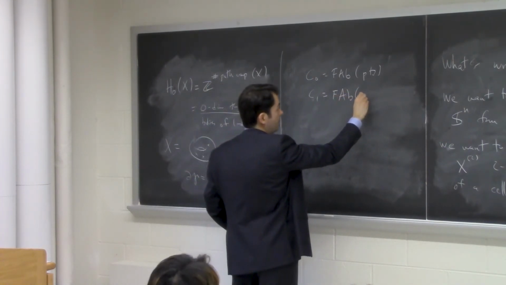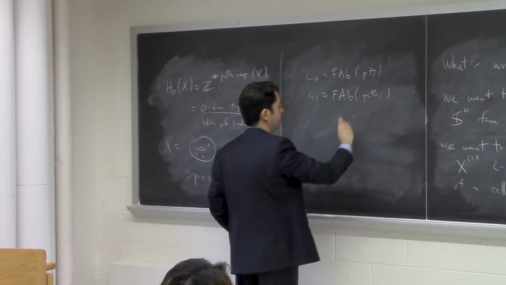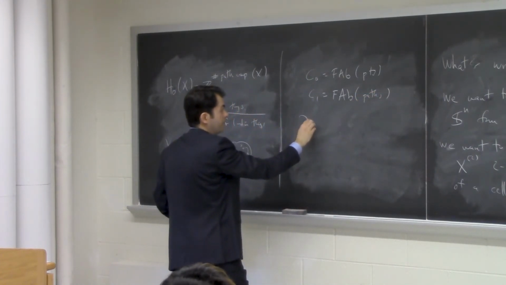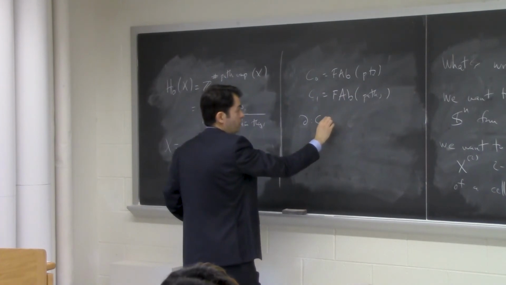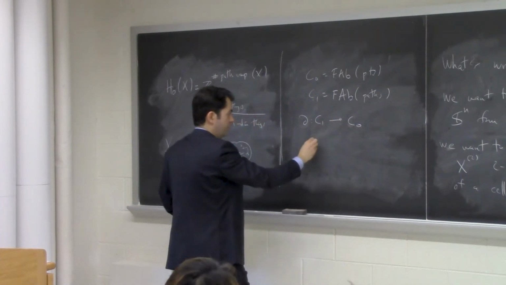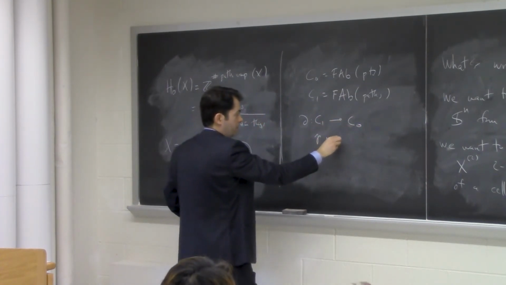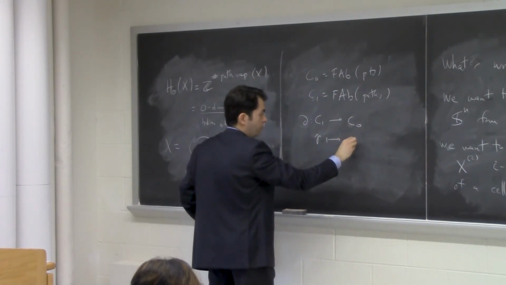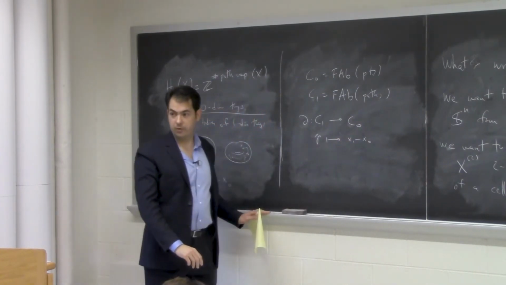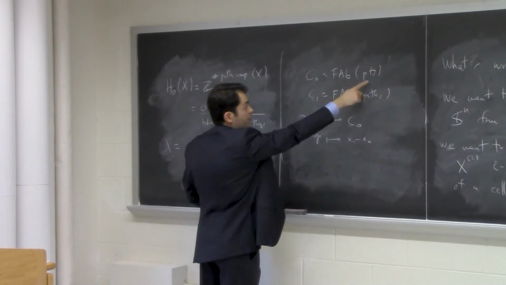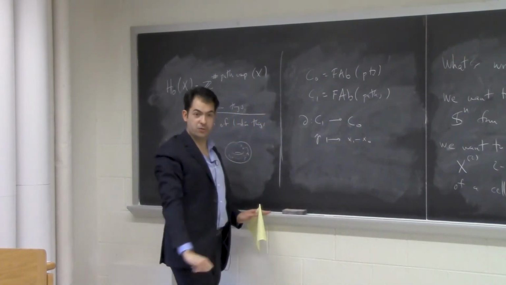C1 would be the free abelian group on paths, say. And then I have a map from C1 to C0 that takes a path, takes gamma to x1 minus x0. Right? And now it makes sense because in the free abelian group on points, I allow points to have coefficients.